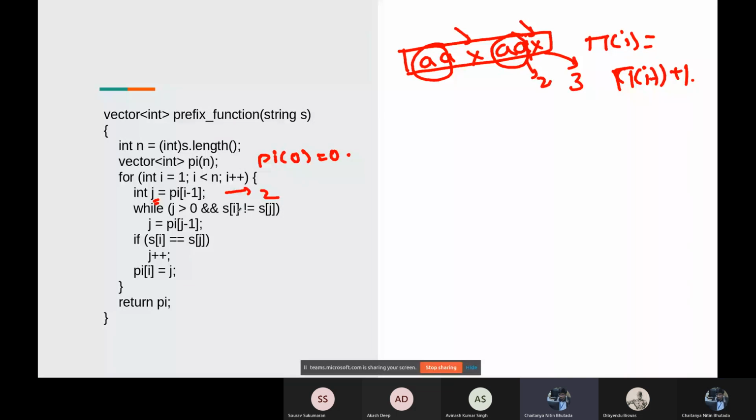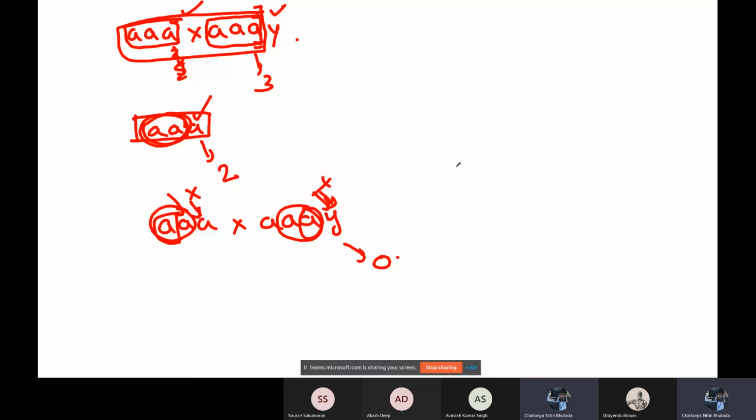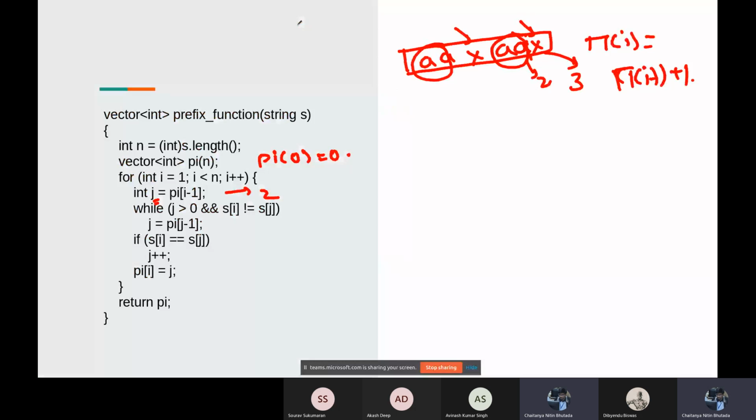Okay, so now we compare s of I. If s of I is not equal to s of j, we go to the inner block. Like I said, in this AAAX, AAAY, now we know that X and Y are not equal. So we go to the inner block here.